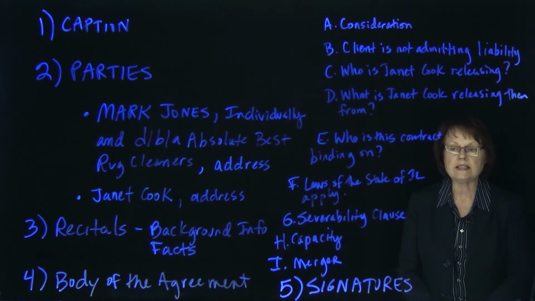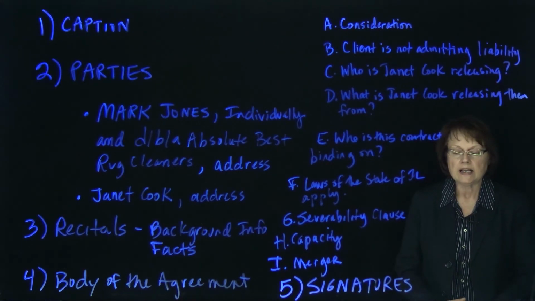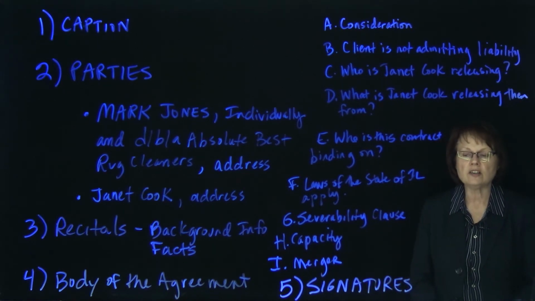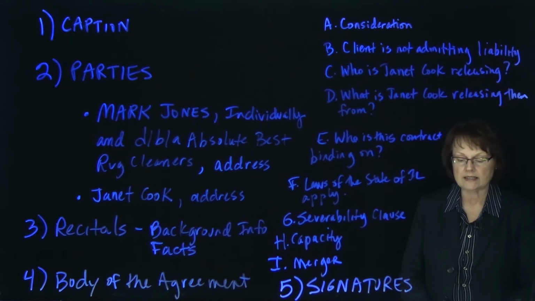So the way that we see that there was an offer made and another party accepted it is through the parties' signatures. And usually we also have the dates of those signatures included next to the signature line.